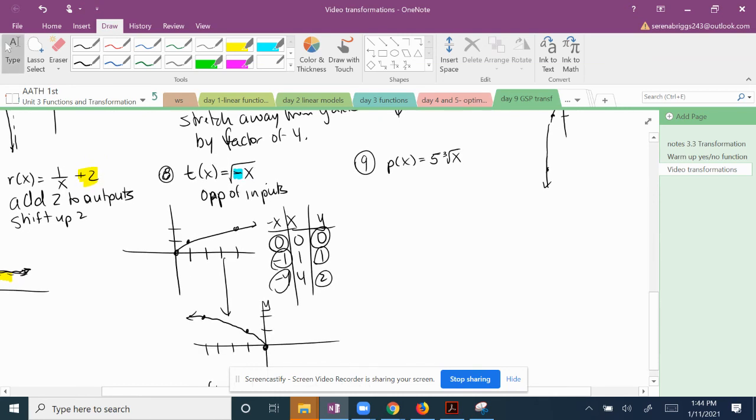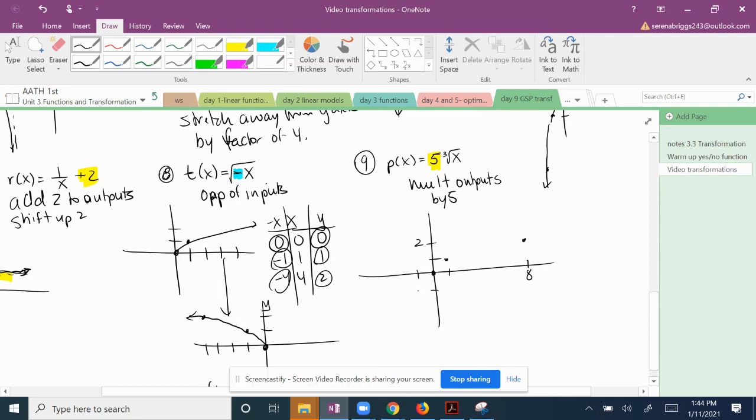On number 9, I am changing the output. So I'm going to use my yellow highlighter here. Not counterintuitive. I'm going to multiply the outputs, or the y values, by 5. So I'm going to take my cube root graph, and I'll show that in black. 0 gives you 0, 1 gives you 1, 8 gives you 2, right?